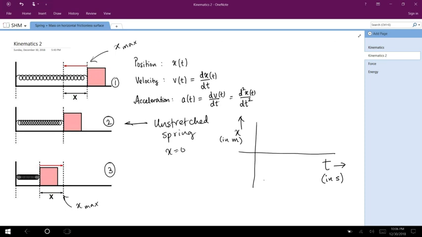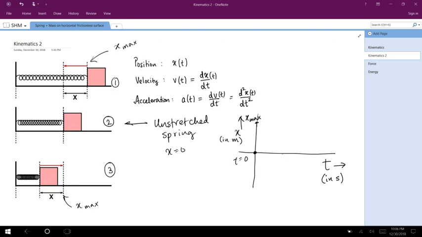Okay. Now if you think about it, initially at time t equals 0, which is this point here, x equals 0 is the origin over here. At time t equals 0, the block was in position number 1, and corresponding to that, its x position was x max. So the block started over here.